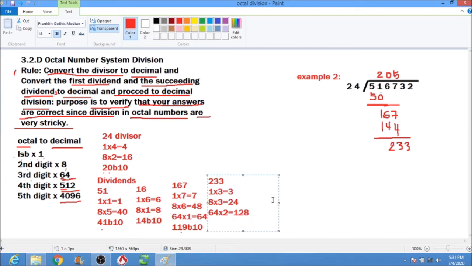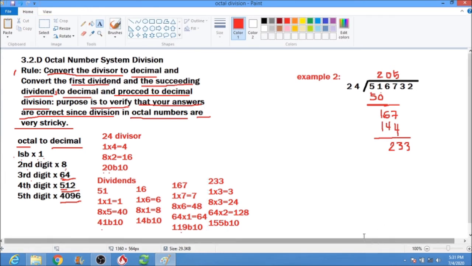So therefore we have 128 plus 24 plus 3, that will be equal to 155 base 10. Okay, so 155 base 10, meaning 233 is equal to 155.